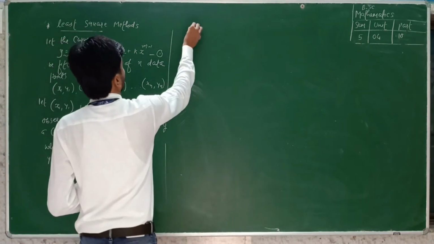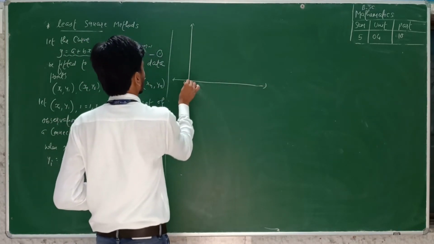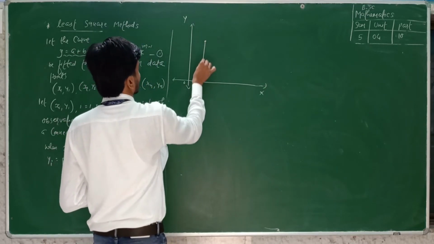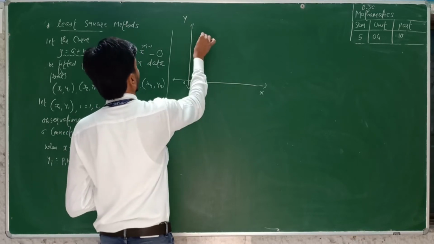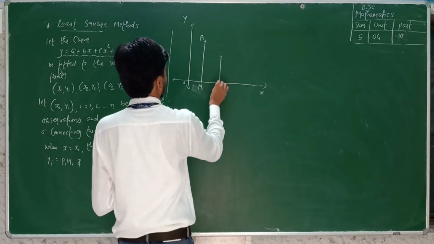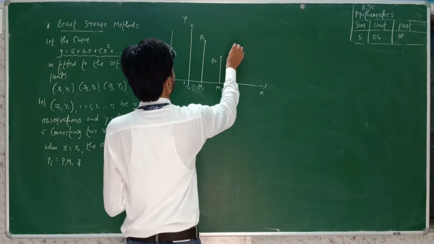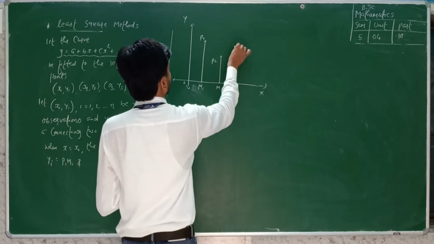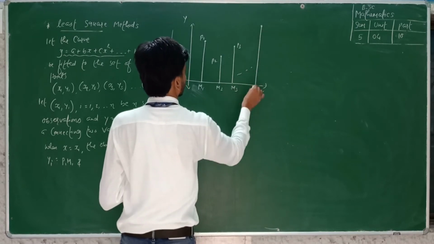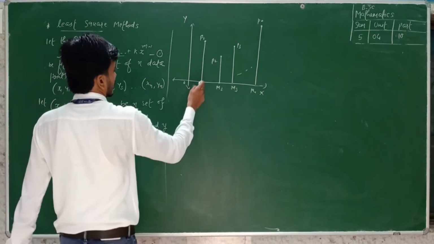Let us draw a graph. This is the origin 0, Y and X. Suppose one point here, M1 and P1. Suppose here M2 and this point P2. Like this, point M3 and P3 up to Mn and Pn.